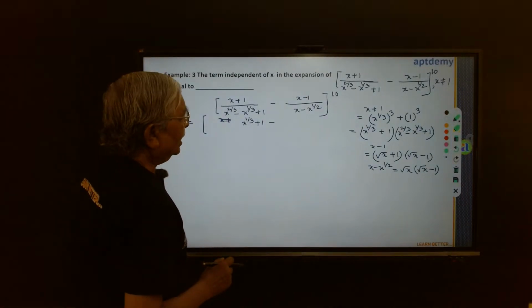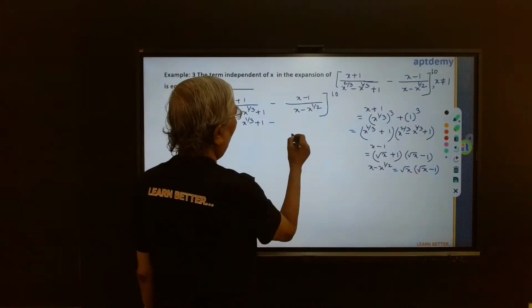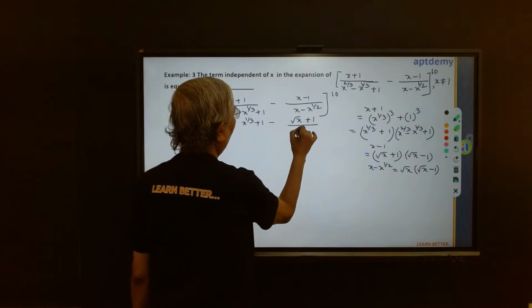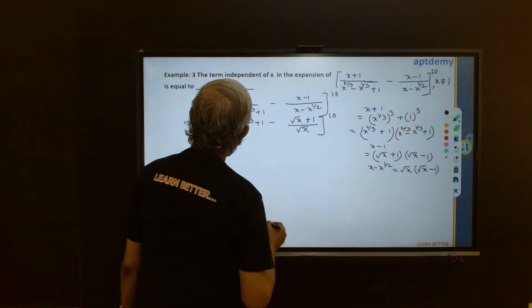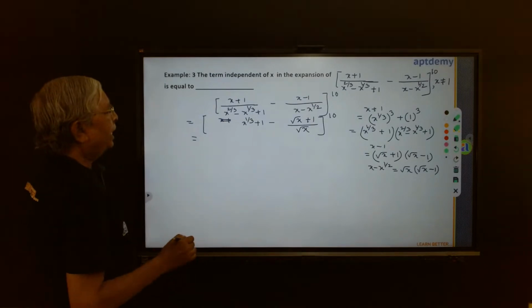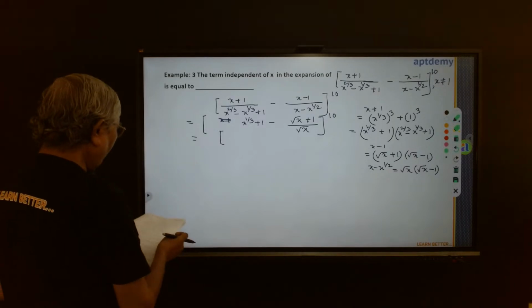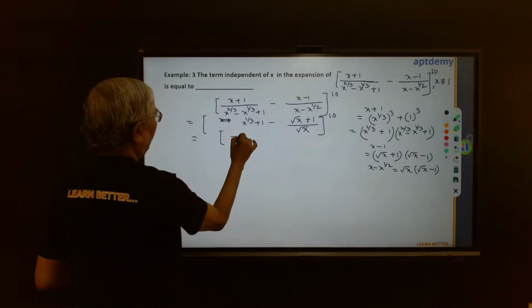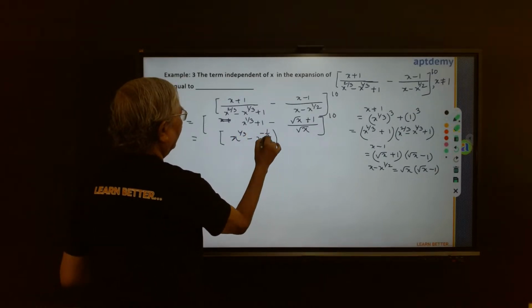What you get is root x plus 1 upon root x, whole to the power 10. So this equals x to the power 1/3 minus x to the power minus half, whole to the power 10.